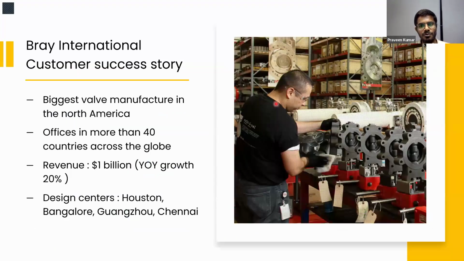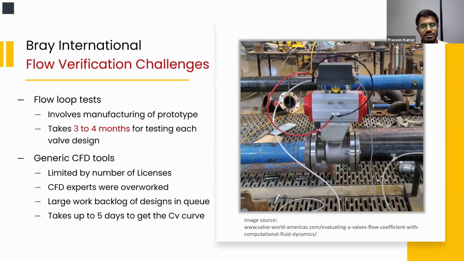And then I'll talk about one case, Bray. Bray is a big manufacturer in North America. They have many design centers across the globe, in Houston and Bangalore as well. Their challenge was the time required for flow loop tests. They already had generic CFD tools, but they were limited by the number of licenses, and their CFD experts were overworked.